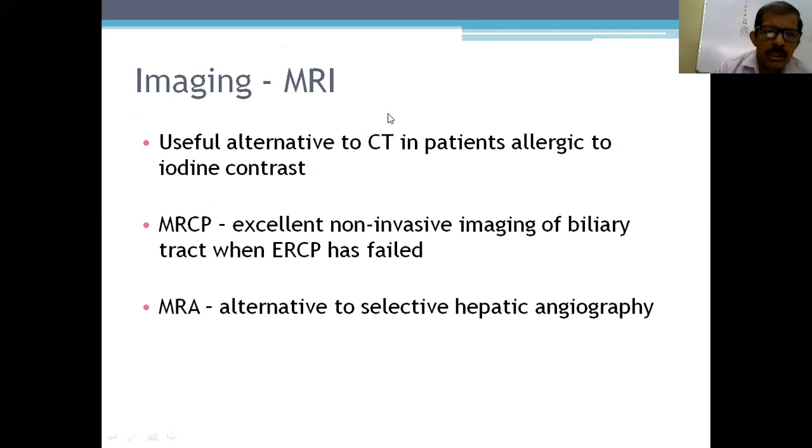Both are almost the same. Of course, MRCP is mainly for biliary, so let us not discuss more about this. But what is important is MR angiography. You can do MR angiography, and then you can cannulate the hepatic artery. So that is also important.